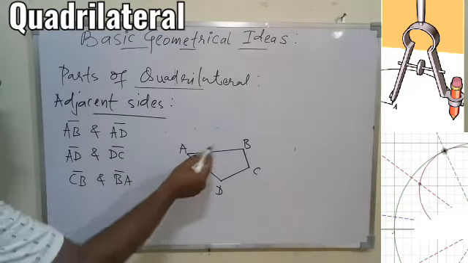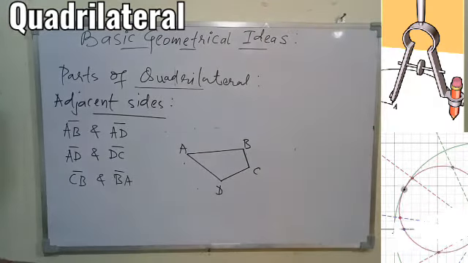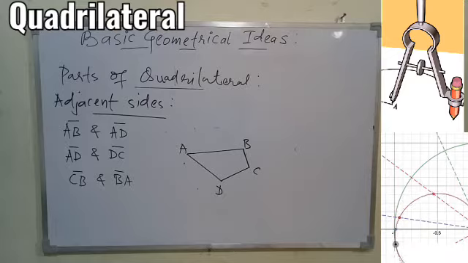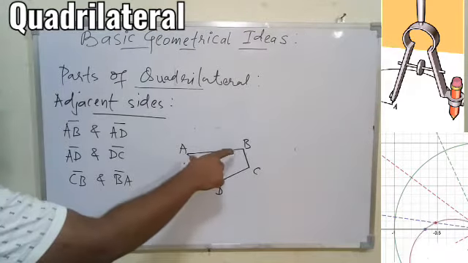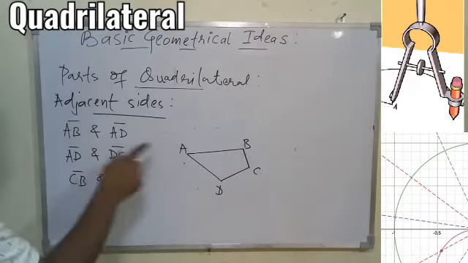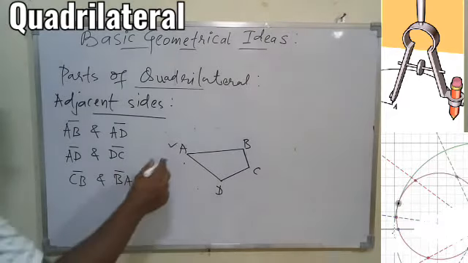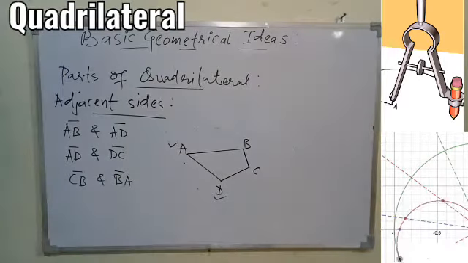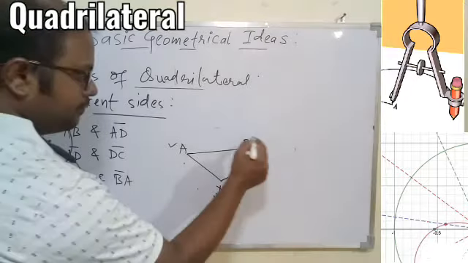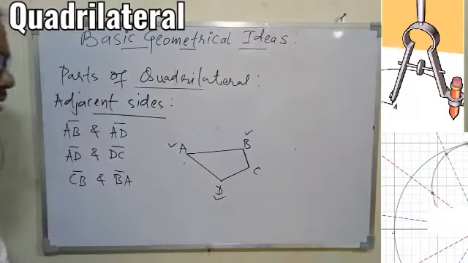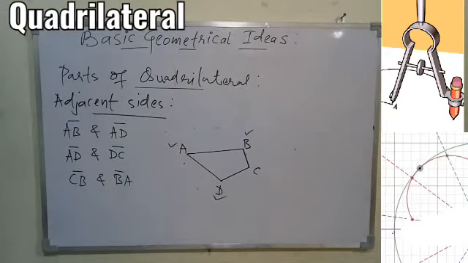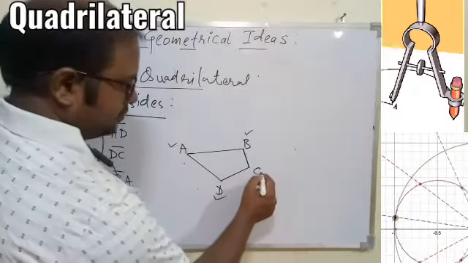So A is common for 2, D is also common, C is also common. So I hope we have covered all. AB and AD, that is A is covered as a common vertex. Then AD and DC, D is the common vertex. CB and BA, this is also covered. Now C is left.